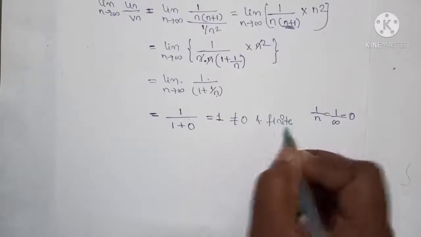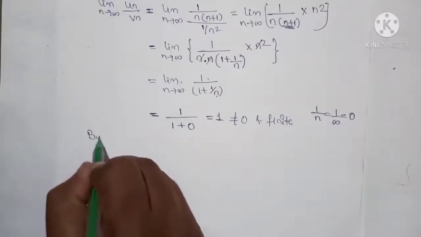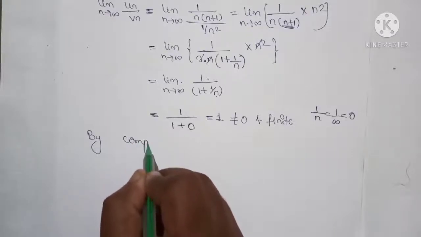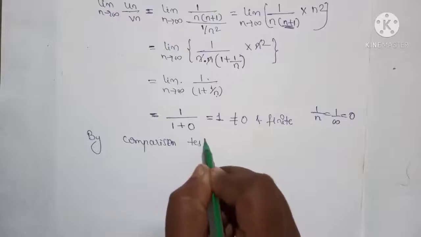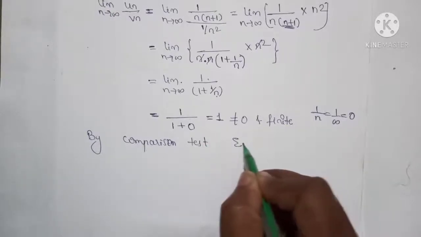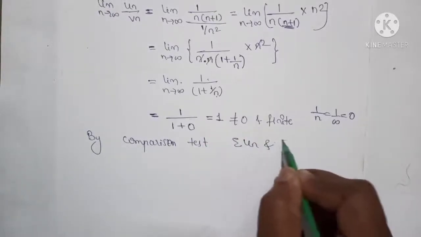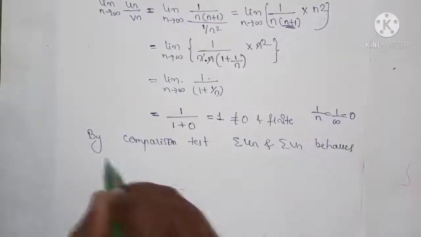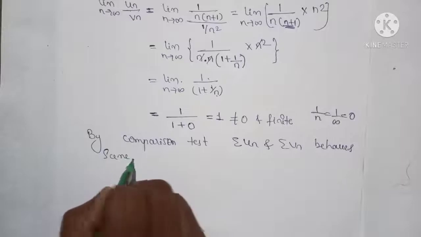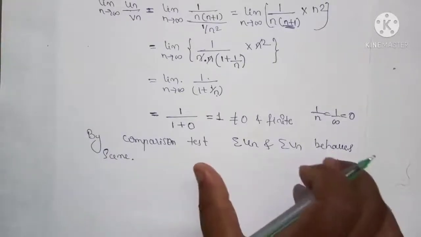Therefore by the comparison test, both summation un and summation Vn behave the same.